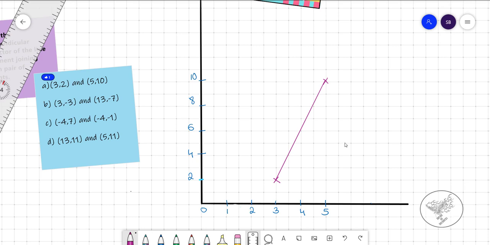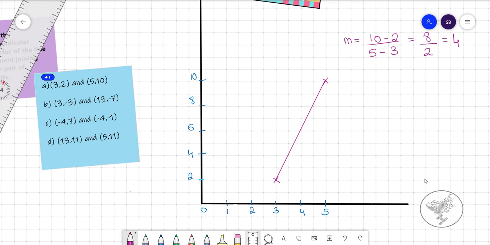Now first and foremost, in order to find the equation of the perpendicular bisector that cuts this line, first find the gradient of this line. So gradient would be m equals 10 minus 2 over 5 minus 3. 10 minus 2 is 8 over 5 minus 3 is 2, which is 4.